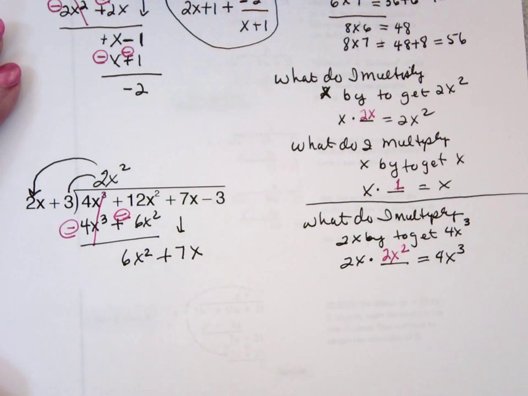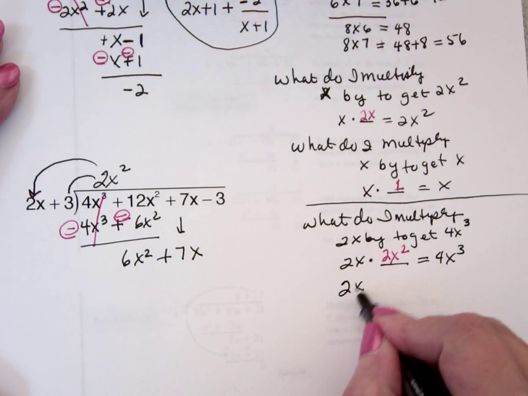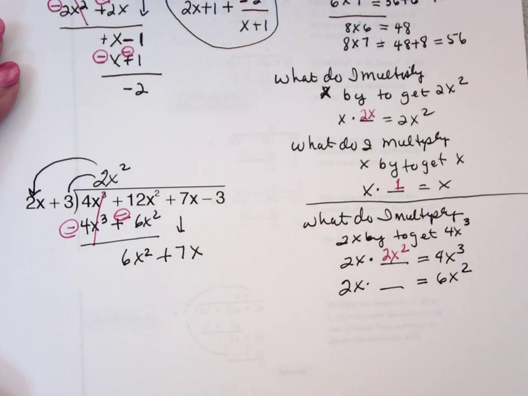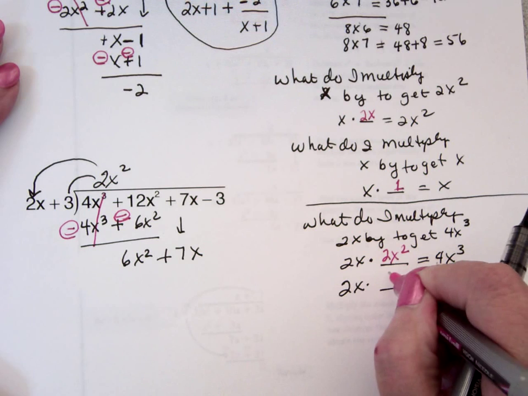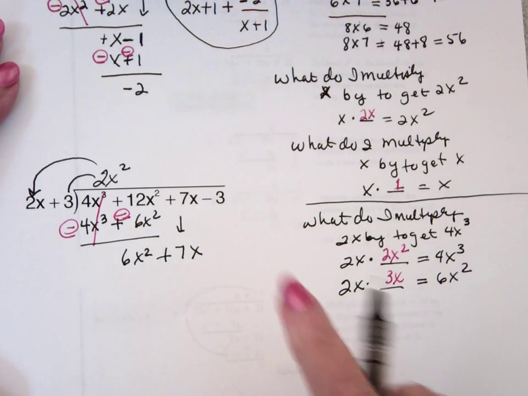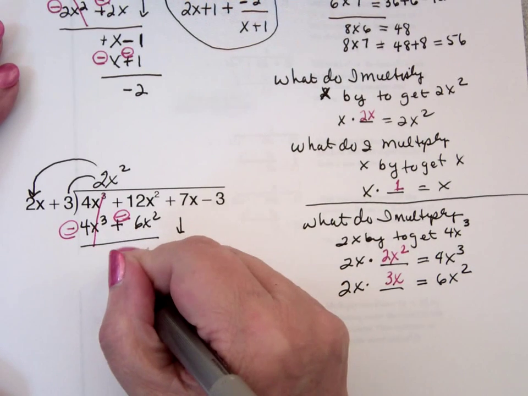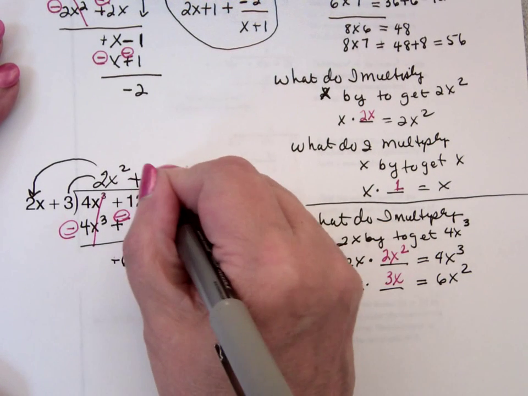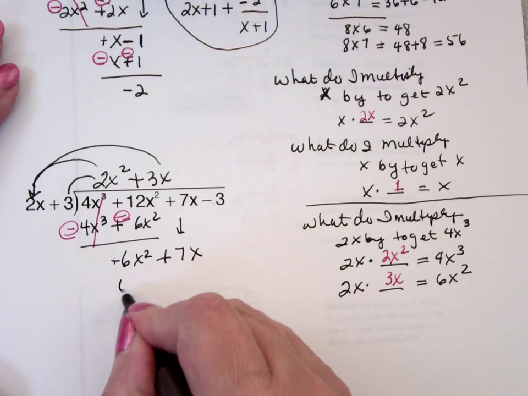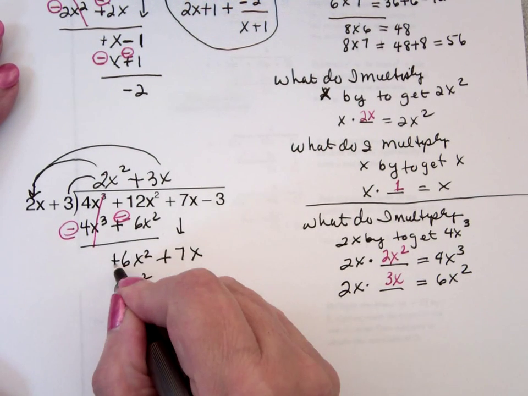And then I'd say, what do I multiply 2x by to get 6x squared? You would say 3x. So since this is a plus 6x squared, this would be a plus 3x. 3x times 2x is 6x squared, because remember that's a plus.